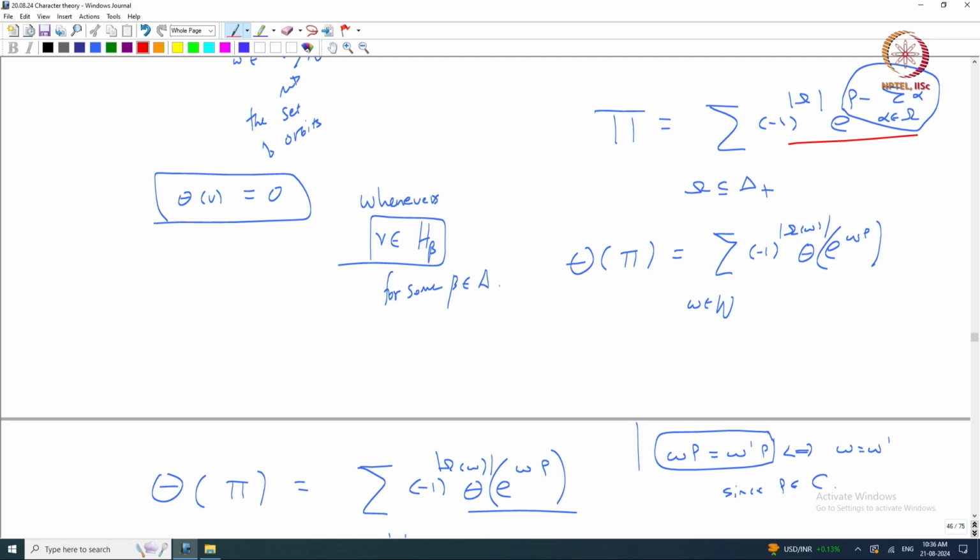In particular, by applying theta, you can see that this is going to give you again sine of theta of e power rho, which gives you exactly the cardinality of W times sigma. This is a very simple computation once we prove that proposition.